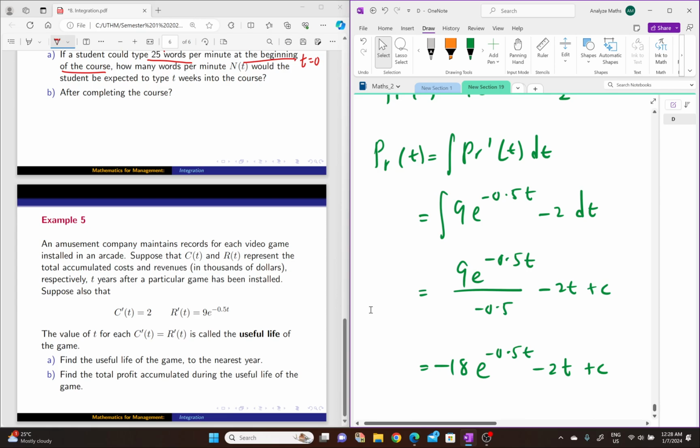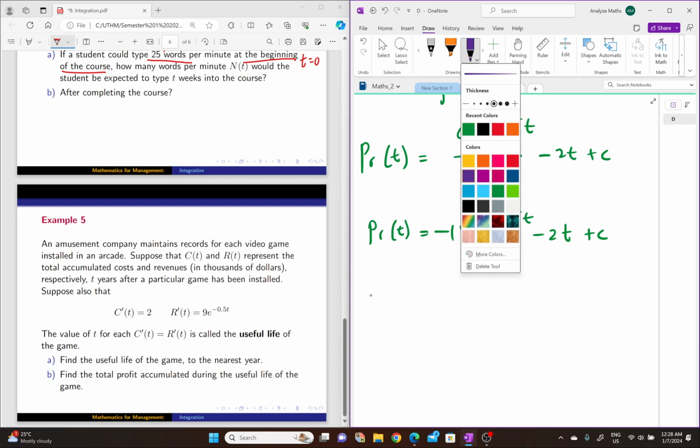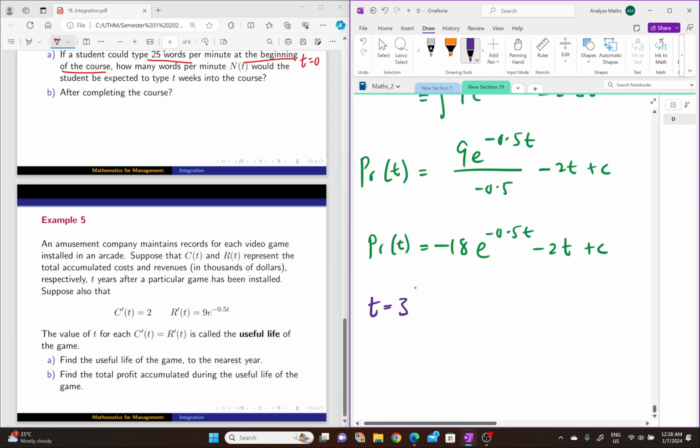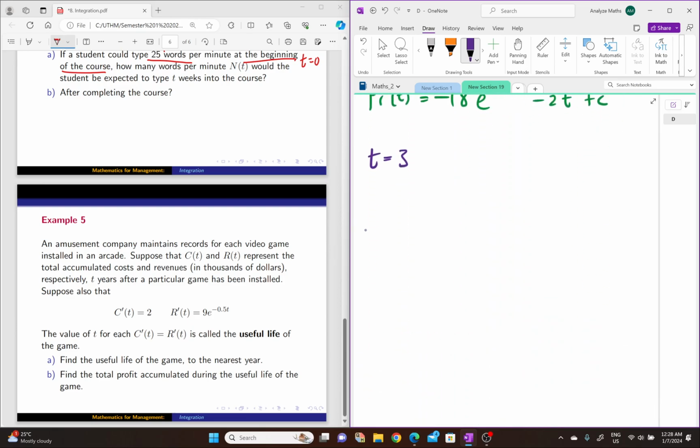This is the profit function. Now when we want to find the total profit accumulated during the useful life of game. So when t is equal to 0, t equal to 3, useful life just now was 3, isn't it? Okay. When t is equal to 3, what is profit?